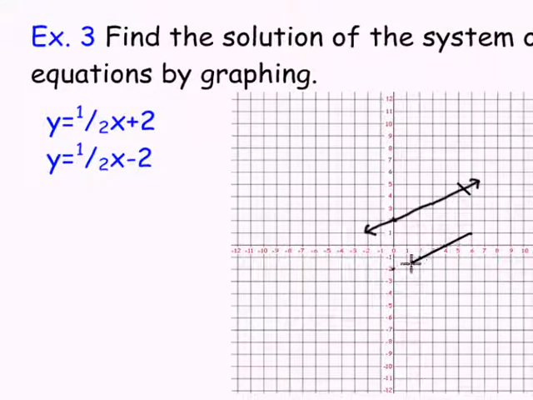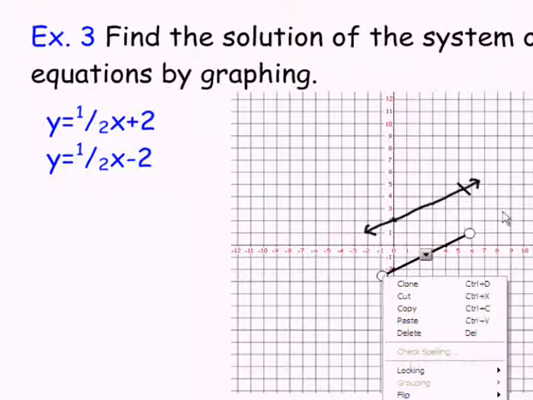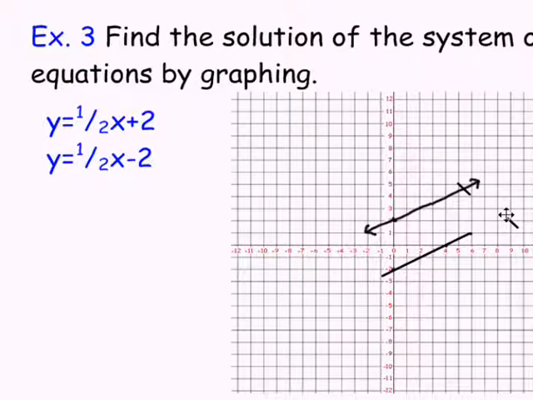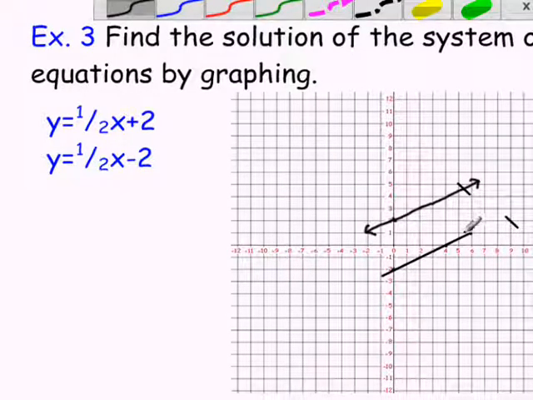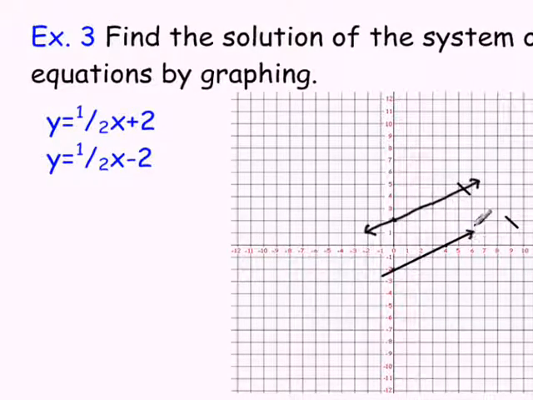Now, if you can tell by looking, these lines are parallel. Now, if I wasn't very neat in drawing these slopes, you can always look back at what we know about parallel lines.